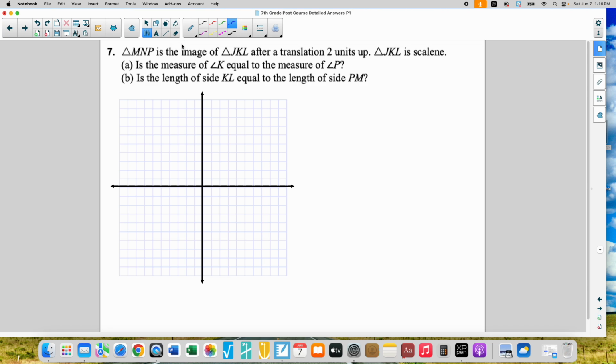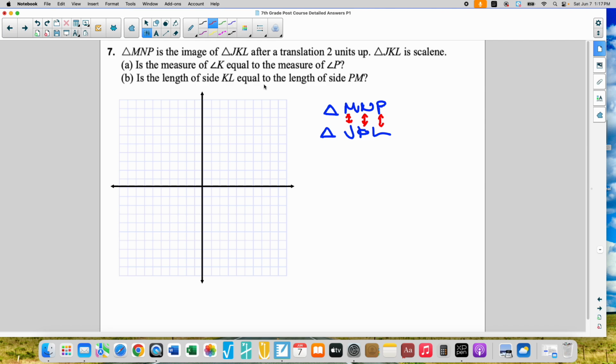Well, we know that if triangle MNP is similar to triangle JKL, we know that these correspond. So M corresponds to J, N corresponds to K, and P corresponds to L. And then angles also hold true.